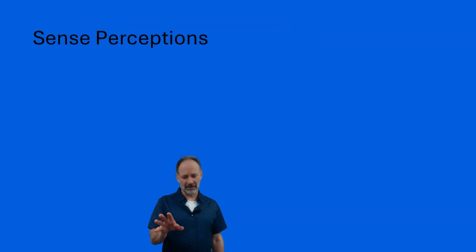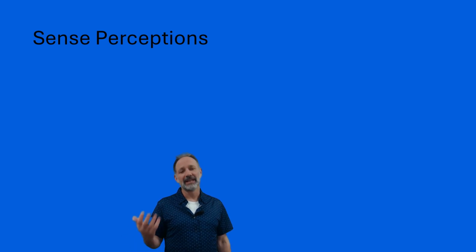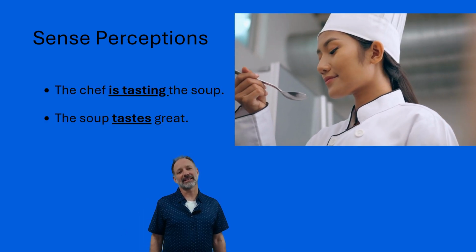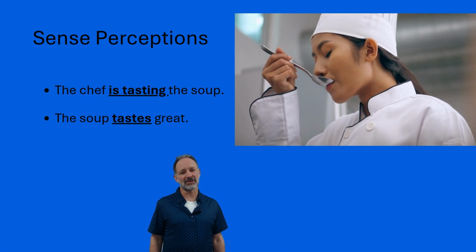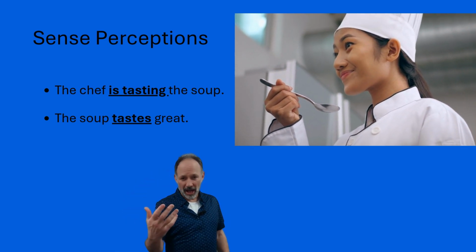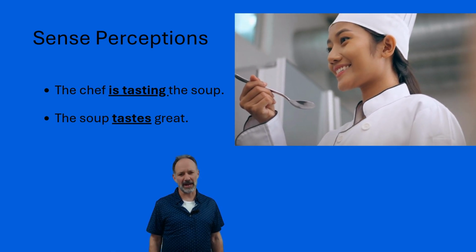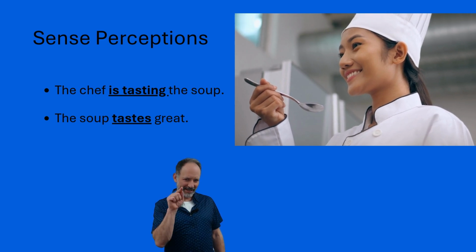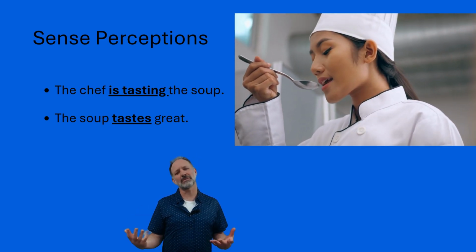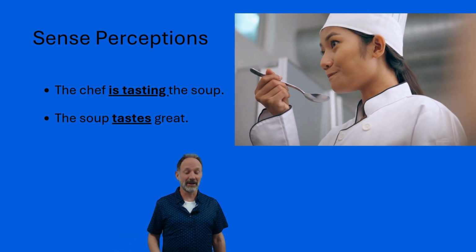Some common verbs that have both action and non-action meaning are the ones about our sense perception, how we kind of feel the world. For example, in this situation, I can see the chef is tasting the soup. That's an action. Needs more salt. The second sentence here, the soup tastes great. In that situation, you can see tastes, and you say, what's the subject? The soup. Is the soup doing the action of tasting?